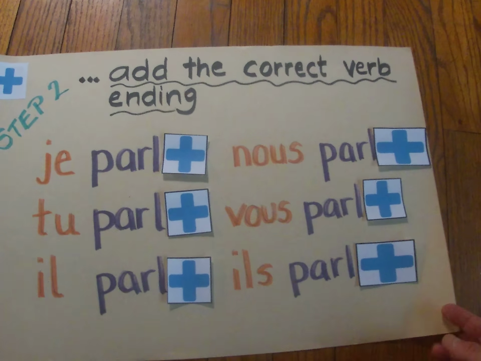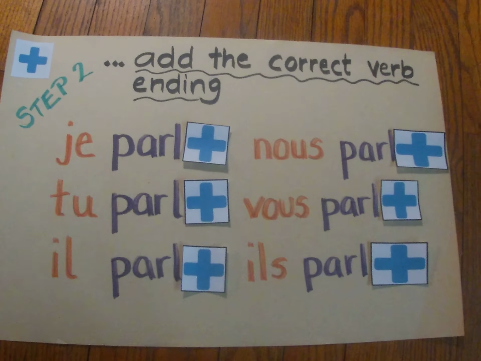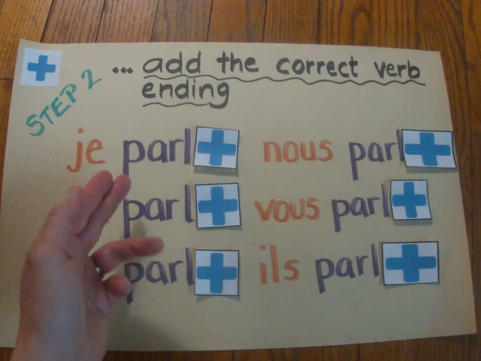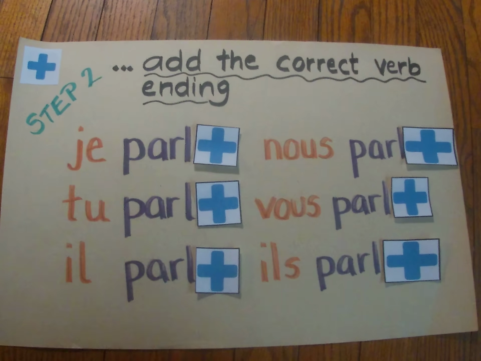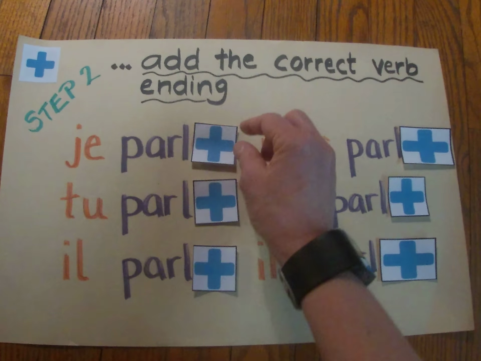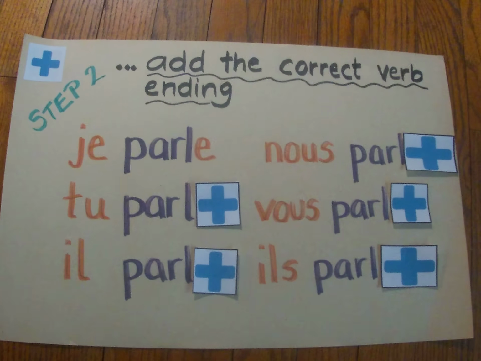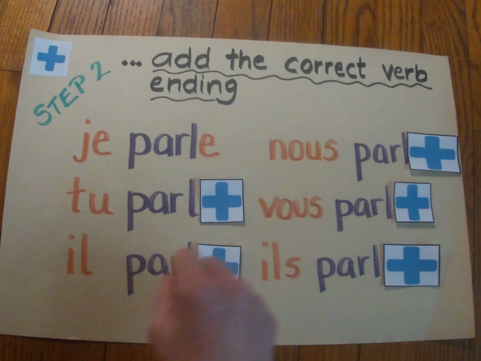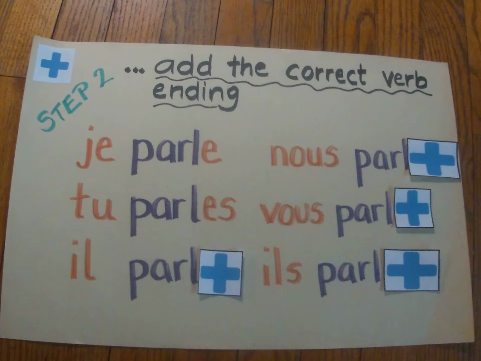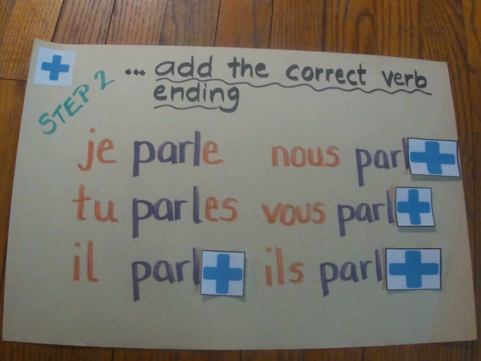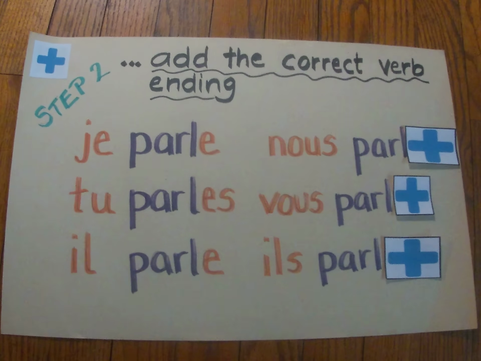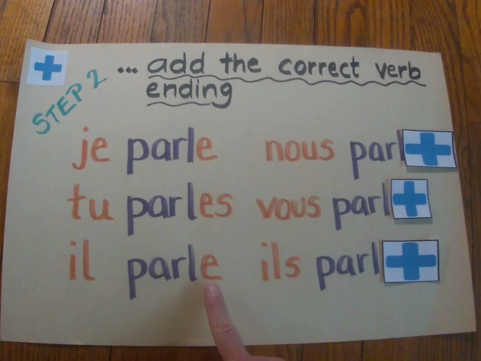In step number two, you need to add the correct verb ending. Now this is relatively simple. Here we have again our verb stems. And for je, we add the ending E, which makes it into je parle. For tu, we add the ending es, which makes it into tu parles. For il, we add the ending E, which makes it into il parle.